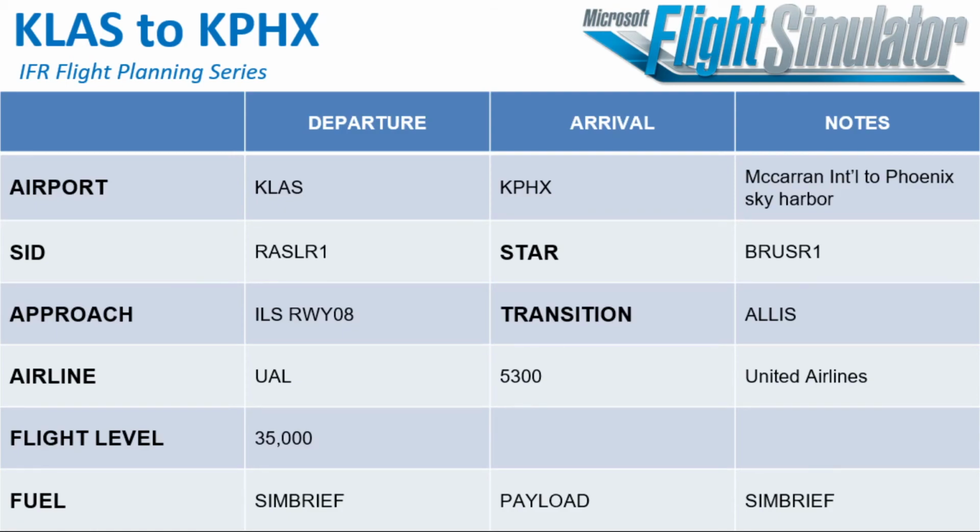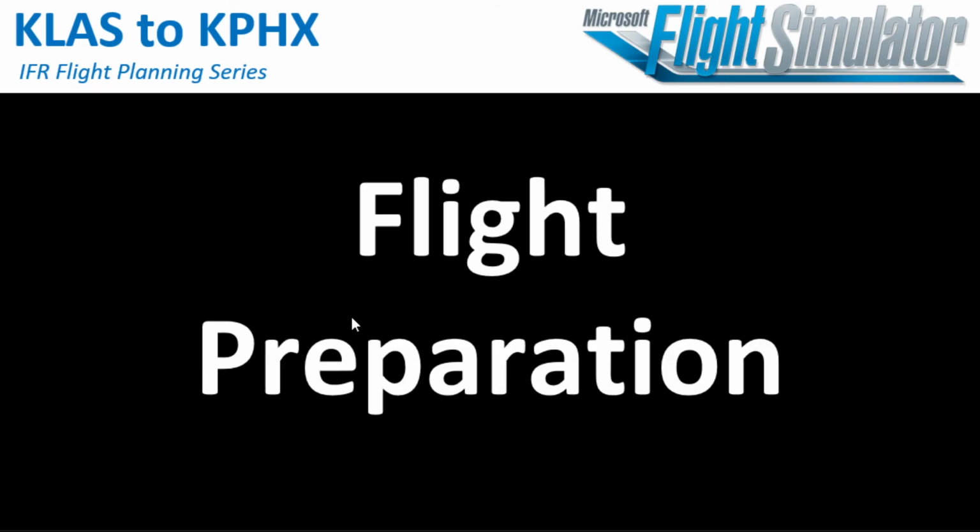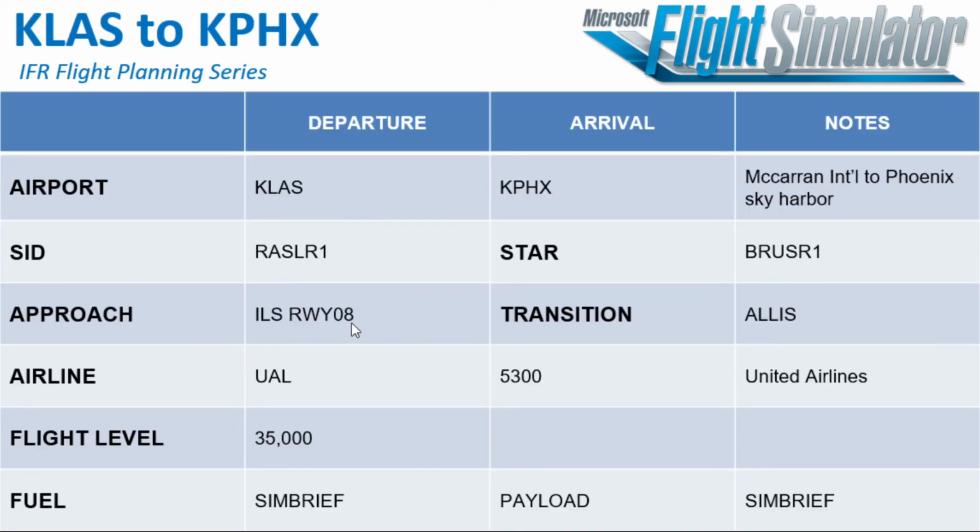flight itself. So just to recap, we select the airport from McCarran International in Las Vegas to Phoenix Sky Harbor in Phoenix, and then the SID we use Rustler 1, STAR Brasser 1. Approach we select not runway 08, sorry, I think we use approach on ILS 26.